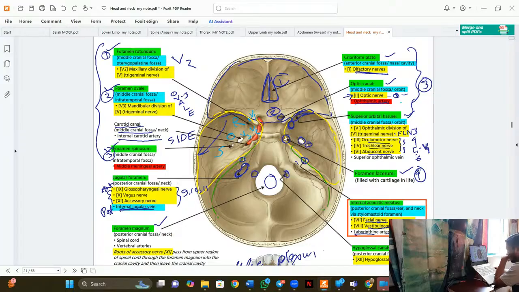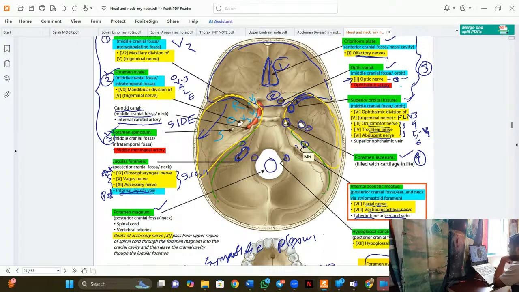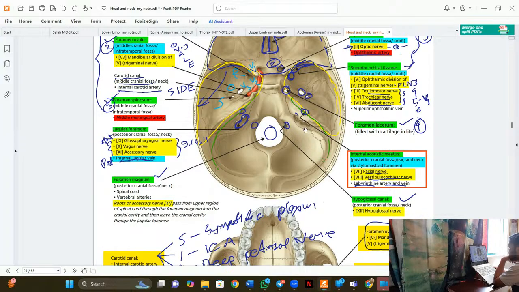Posterior cranial fossa. First we have the internal acoustic meatus. Okay, this is internal acoustic meatus. It will transmit the facial nerve with the vestibulocochlear nerve and the labyrinthine artery and vein. This is important.